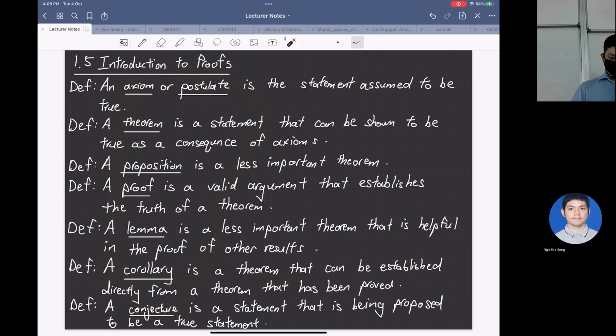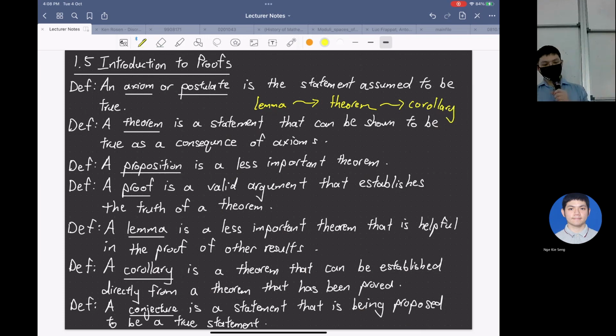Corollary. Okay, maybe I draw a chart for you. So before proving a theorem, you have some lemma. After the theorem, you can prove some easy corollary. It's also a theorem, but it's something implied by other things, so we call it a corollary.